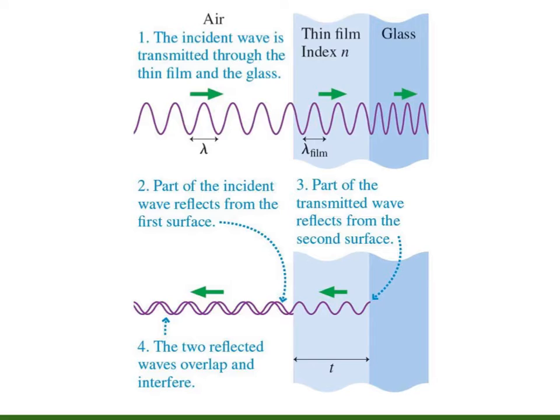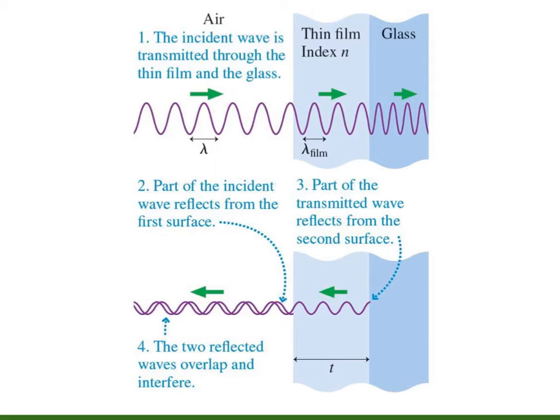This phenomenon also occurs in things called thin films. So a thin film is a slightly reflective surface that will reflect part of the light, transmit part of the light, and then have it reflect back out. So it works exactly like the example we were just showing.